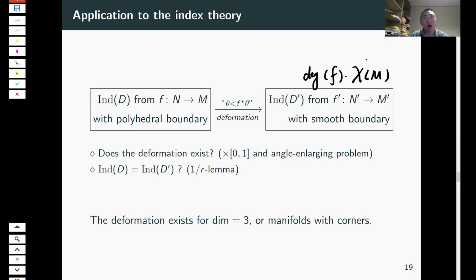Here, M and M prime, F and M prime for the degree, and they're really the same because they're homotopic under deformation. And our idea is that we want to construct a deformation from the left-hand side to the right-hand side. But during the deformation, we have to assume the operator is well-defined everywhere, which means we want the dihedral angle comparison.